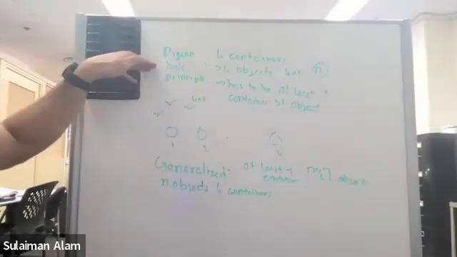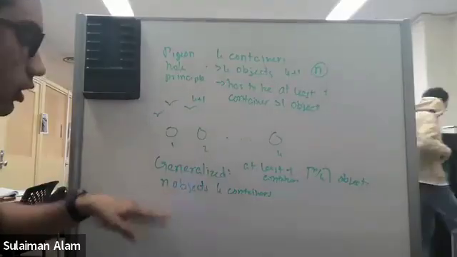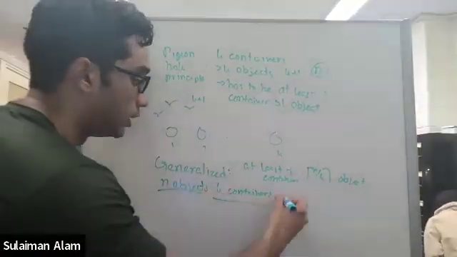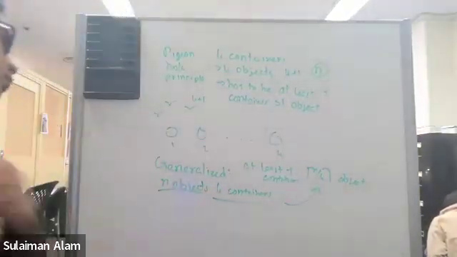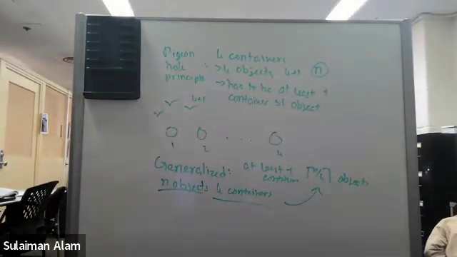So it's generalizing this for any n objects: n objects, K containers, at least one container has the roof of n over K objects.